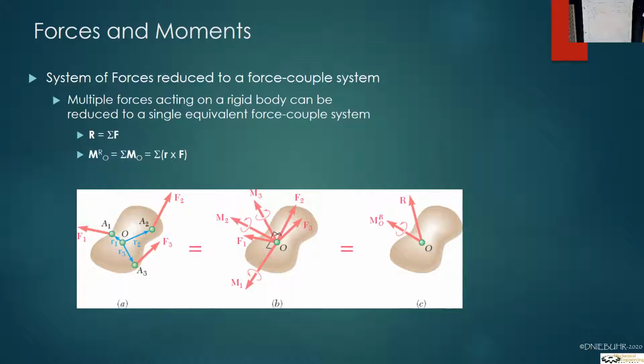The blob next to the equal signs shows how they have created those moments, M1, M2, M3, with all the forces emanating from O. And then finally, you take those three moments and you add them together. Just like you'd add vectors, you add their respective i, j, k components, and you get your final vector. And that's it. It's really no more complicated than what we've been doing. It's just adding a few extra components.